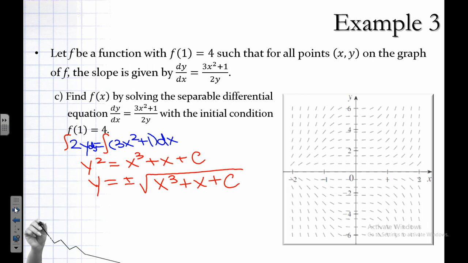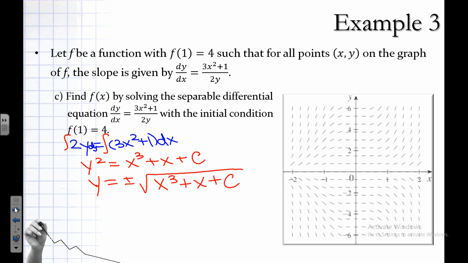Our general solution would be y equals plus or minus the square root of x cubed plus x plus c. Please do not forget the plus or minus when we're talking about the general solution. Why? Because we had to take the square root of both sides, so we have to account for the positive and negative root.